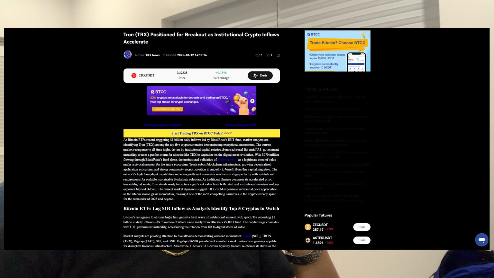We got Tron set up to become publicly traded as well. So that's definitely a big move. So Tron is set to become a publicly traded entity in the U.S. through a reverse merger with SRM Entertainment. So that's something to look out for. This will give Tron more institutional legitimacy and access to capital markets.